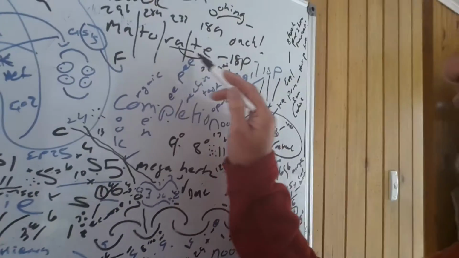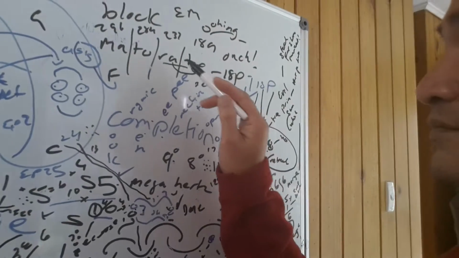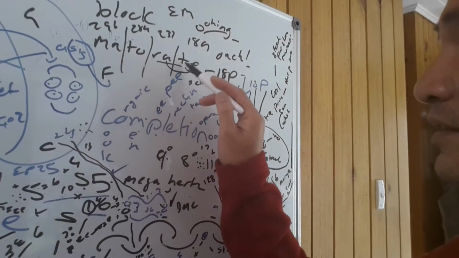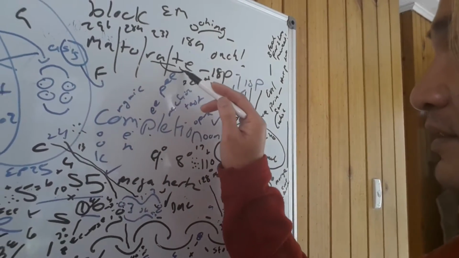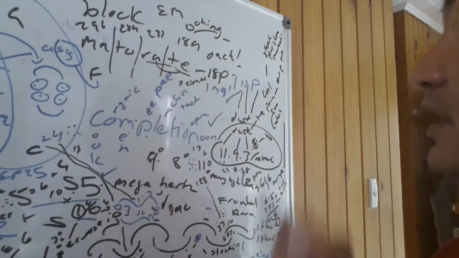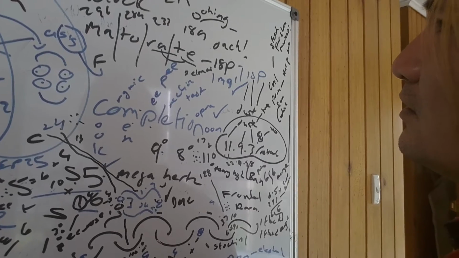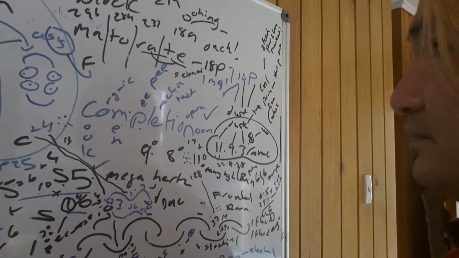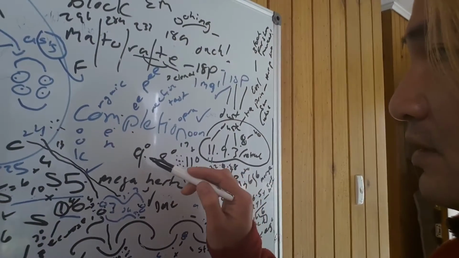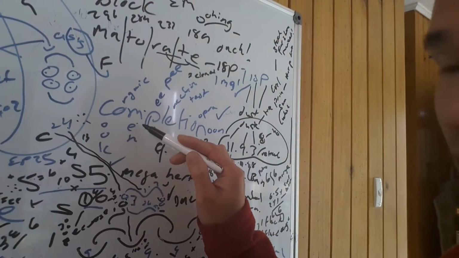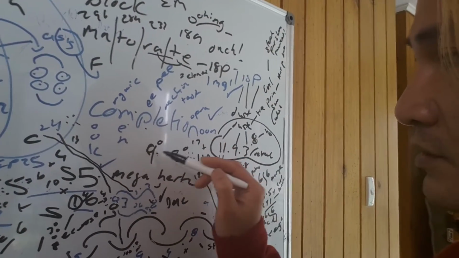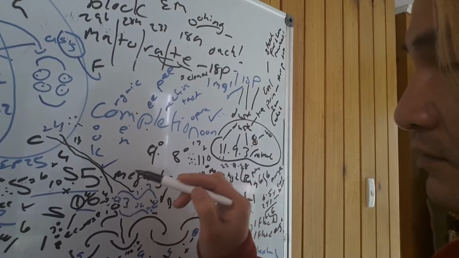There you go. Rate, rat, 8, T. And what else? Completion. That's been completed. EMP95.